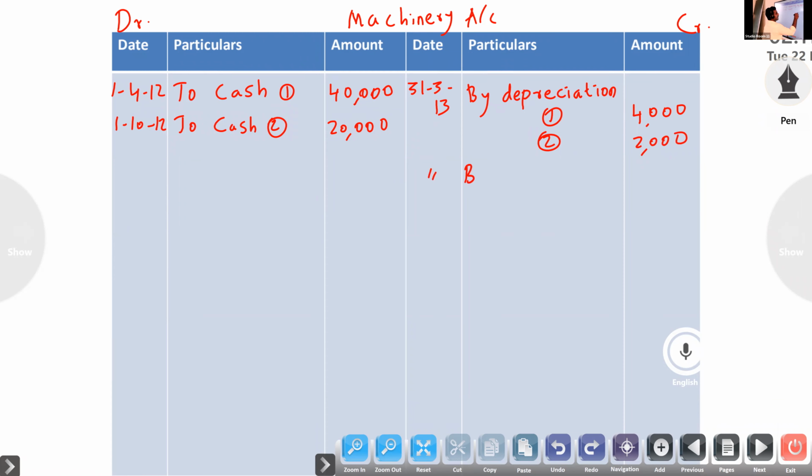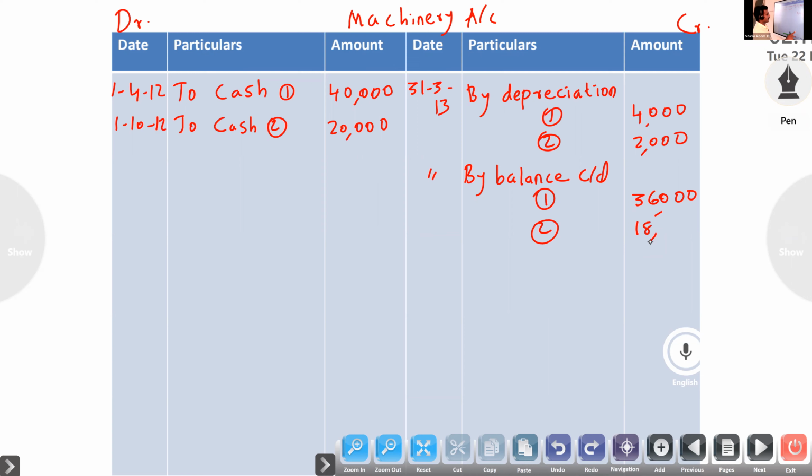Then by balance c/d, 1: 40,000 minus 4,000, 36,000. Second one 20,000 minus 2,000. Tell, for second machinery depreciation, we should minus only 6 months is there, right?